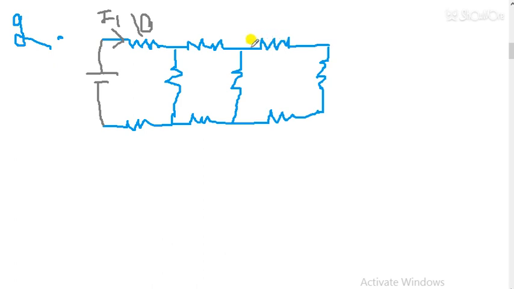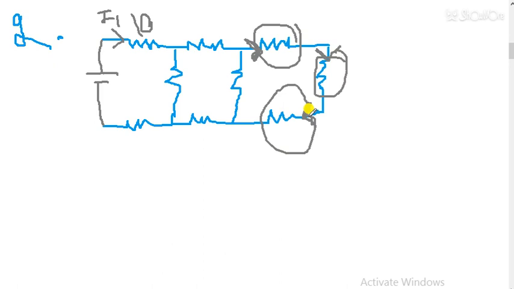As we said in the earlier example, let's suppose some current is flowing in this branch at this point. The same current will flow through this resistance and the same current will flow through this resistance. So that means these three are in series combination. So this will make a resistance of 10 ohm.